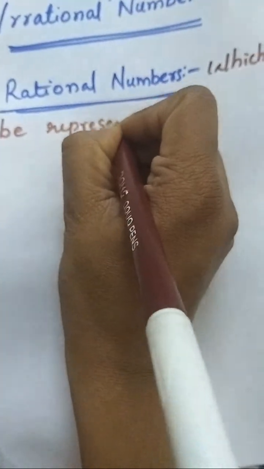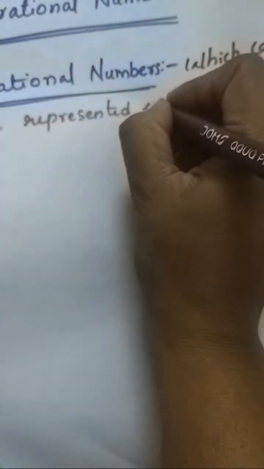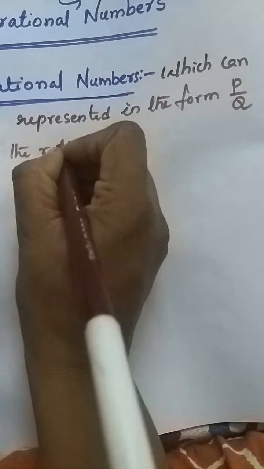Rational numbers are numbers which can be represented in the form of p by q, the ratio p by q. Then that number is called a rational number.